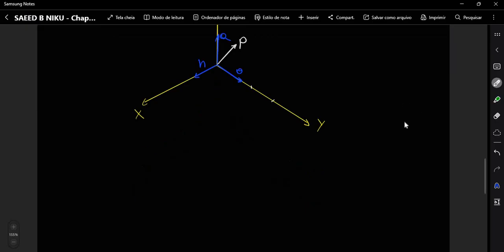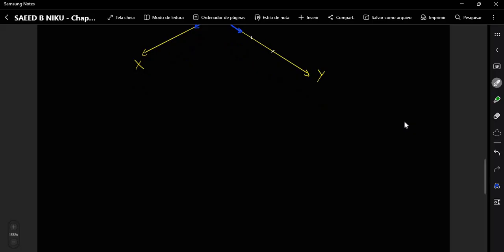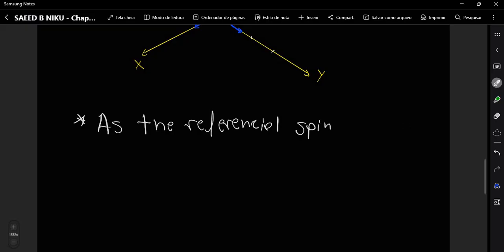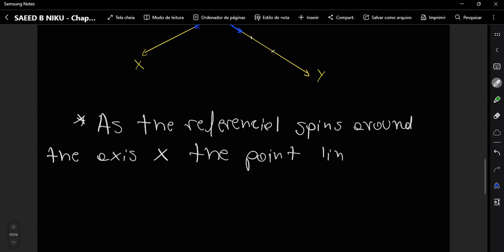And now let me write what I have just said to you. As the referential spins around the axis X, the point P linked on it will also spin.